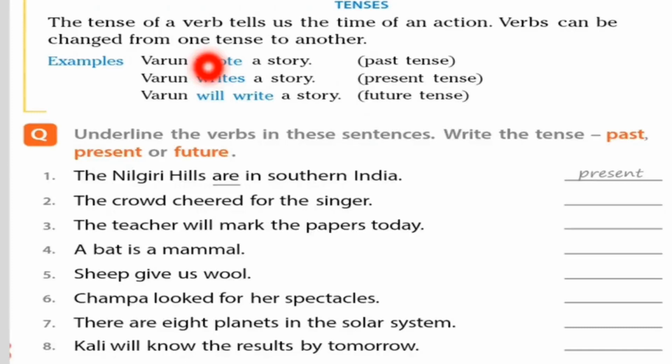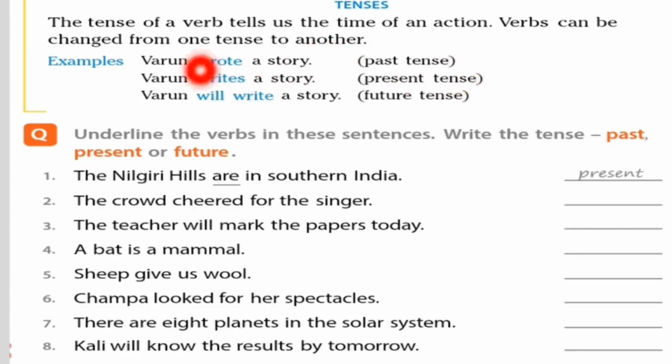Verbs can be changed from one tense to another tense. For example, Varun wrote a story. So this word Varun is the subject and wrote is the verb. Let's find out what type of verb it is. What time does it show?